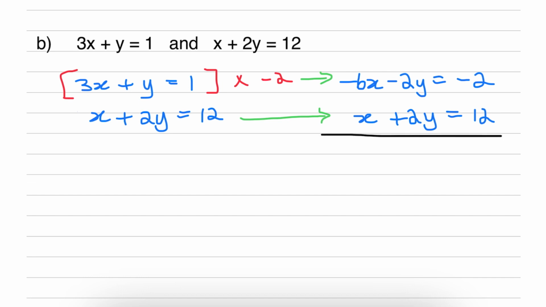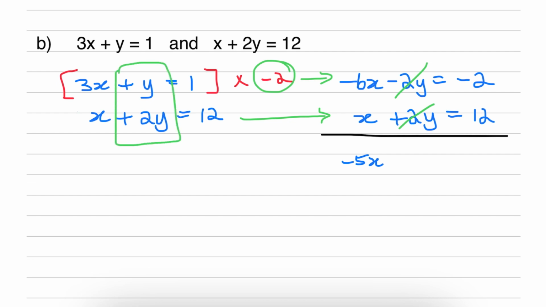Draw the line. We're going to add again the columns, add the x's together, add the y's together, and the constants as well. So negative 6x plus x is equal to negative 5x. Then the negative 2y will eliminate with a positive 2y. Remember, that's the whole reason I multiplied this equation by negative 2.